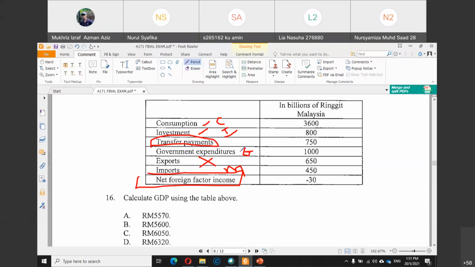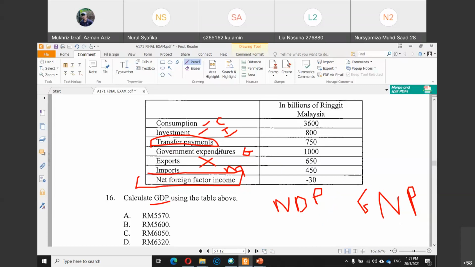Transfer payment, please go and check your notes. Where does transfer payment appear? Does it appear in the calculation of GDP, or NDP, or GNP? The same thing goes for net foreign factor income. Because you are talking about GDP, we do not want any components that are not used to calculate GDP.